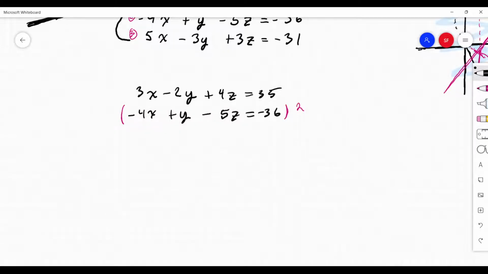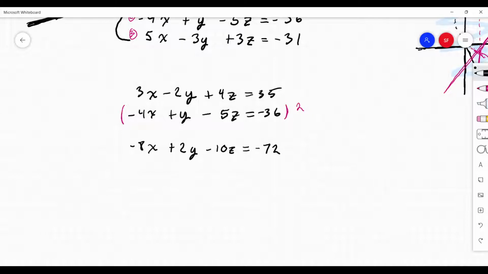Okay, so 2 times negative 4x is negative 8x. And 2 times y is plus 2y. And then 2 times negative 5 is negative 10z. Whoop, I didn't say z, but I think you get the point. And then finally, negative 36 times 2 is negative 72.